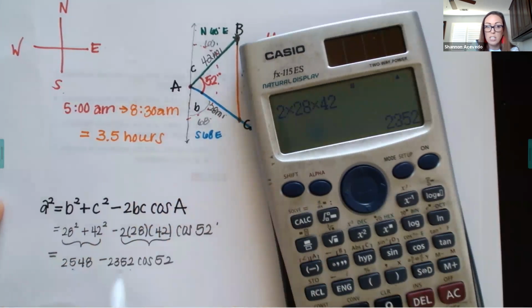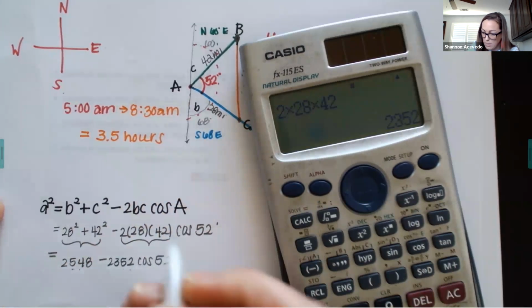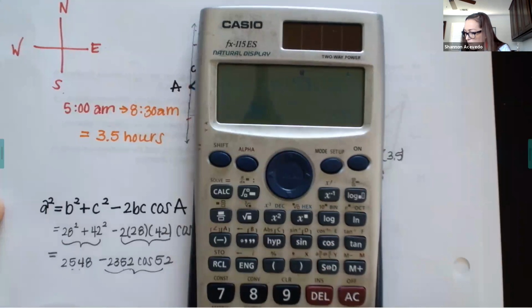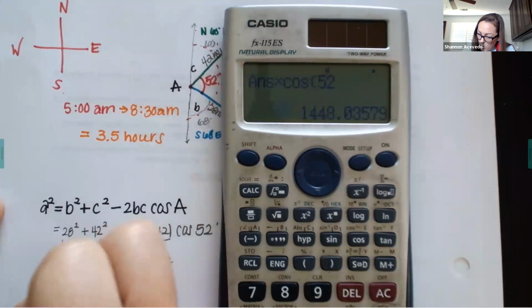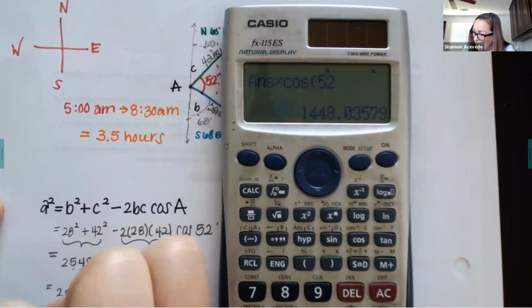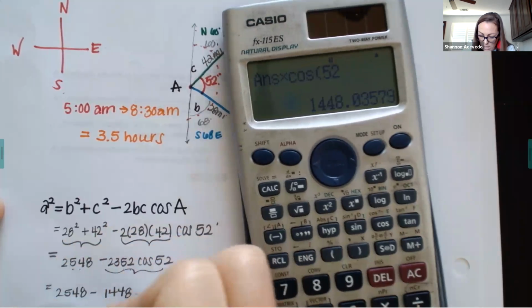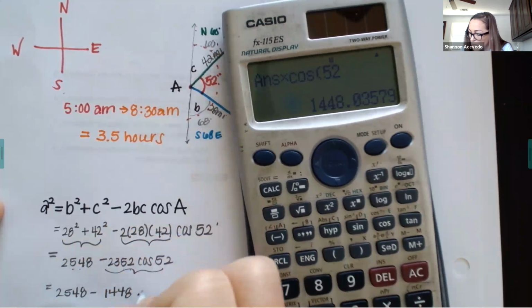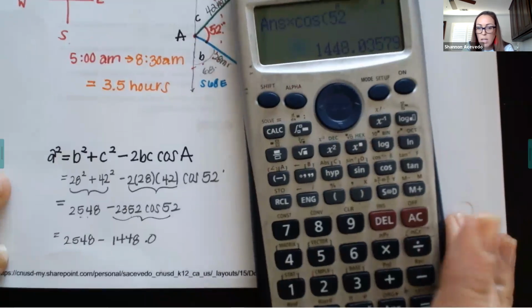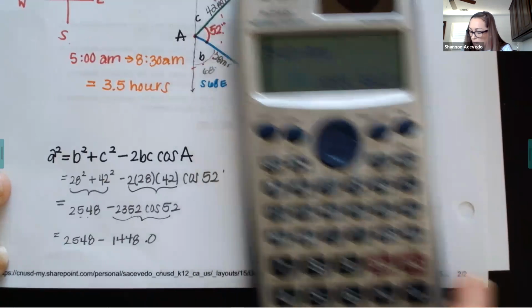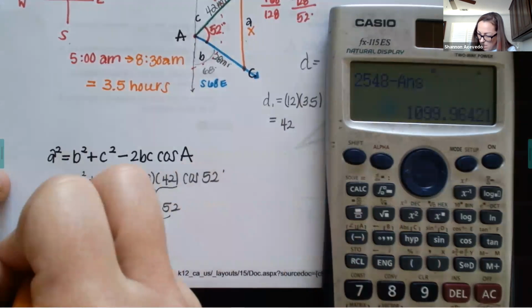I'm not subtracting just these two values. It's my 2,548 minus this whole piece. So I could plug that in my calculator, times my cosine of 52. So it's going to be my 2,548 minus 1,448, and that's a 0.0, which rounds to 0 there. Then I take my 2,548 and subtract my answer.